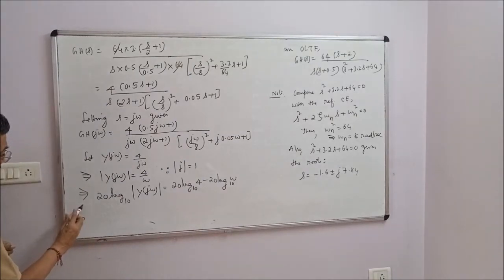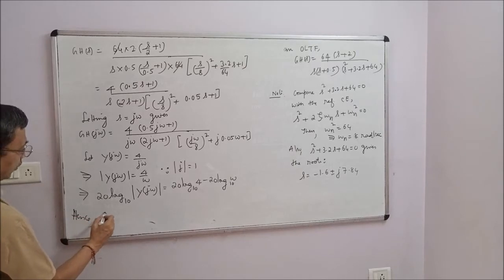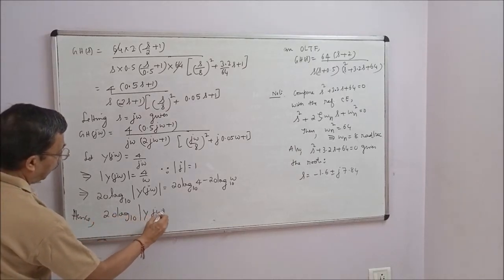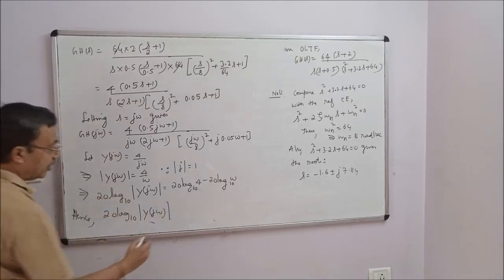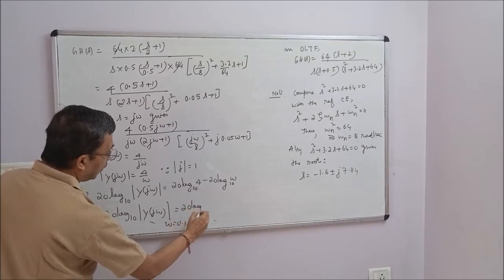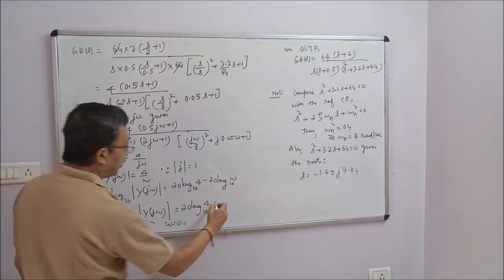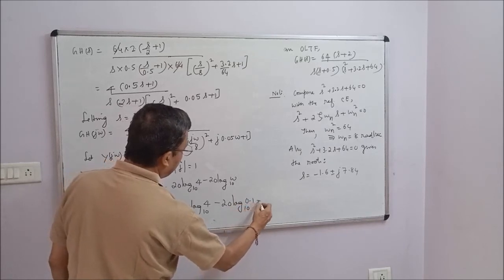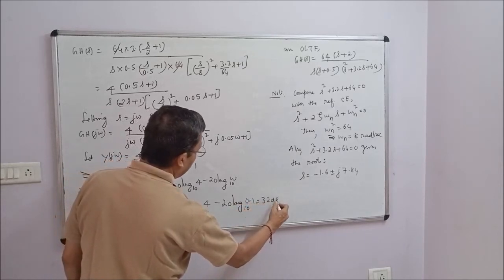Hence 20 log to base 10 on modulus of y of j omega evaluated at omega equal to 0.1 is equal to 20 log 4 to base 10 minus 20 log 0.1 to base 10 is equal to 32 dB.